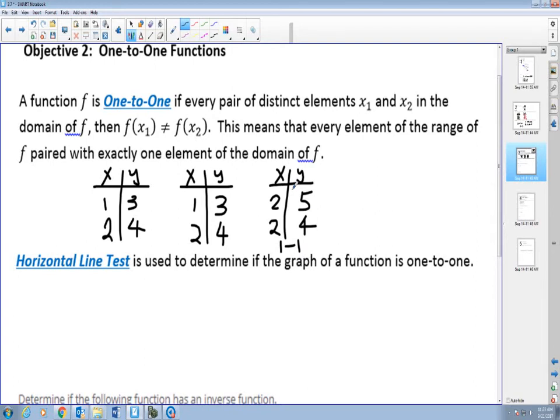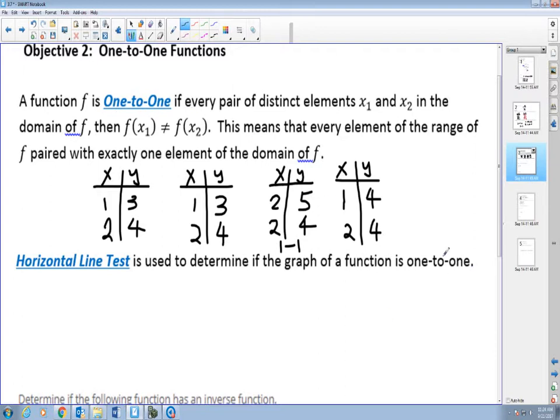What is not a one-to-one function is if you have the same y value but a different x value. That's not what the definition is saying, because the definition is saying what is a one-to-one function.